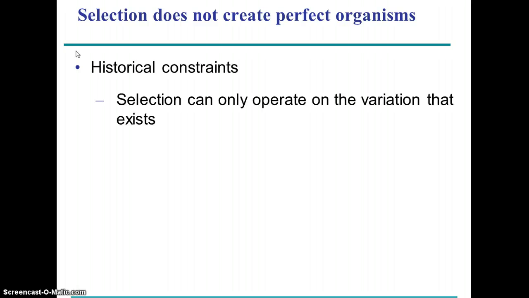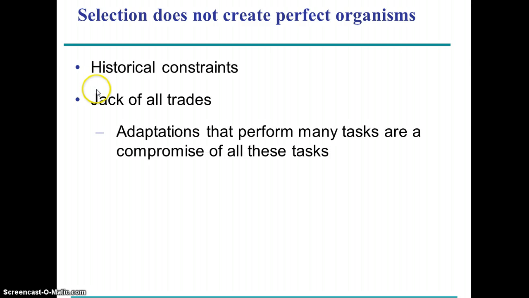It could be that evolution would take that population to a particular extreme, but the variation to get there just does not exist. And often traits are used for multiple tasks. And so selection will drive that trait in a particular direction based on the tasks it's being used for, but again, it can only go so far because that trait is used for other tasks.